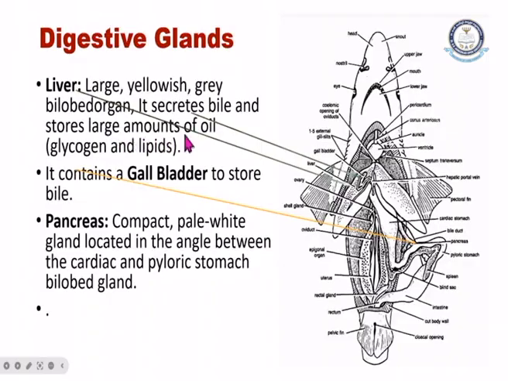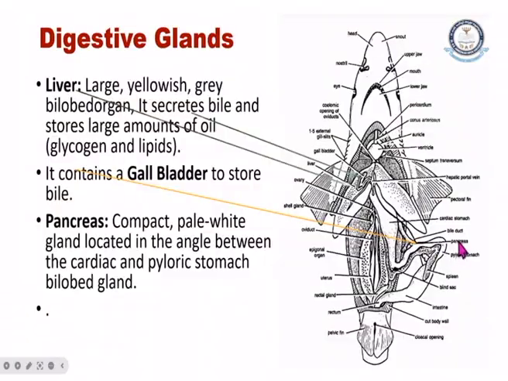The liver is a large yellowish grey bile secreting organ. It secretes bile and stores large amounts of glycogen and lipids, and it contains a structure called the gallbladder, which helps in storing the bile secreted from the liver.